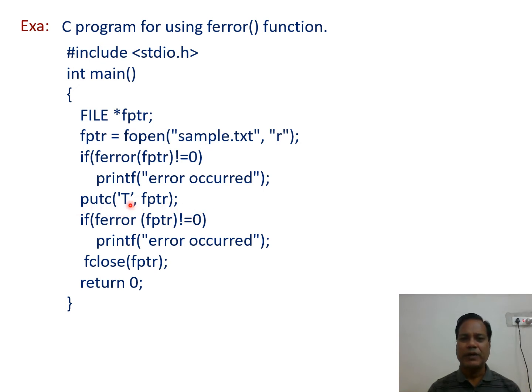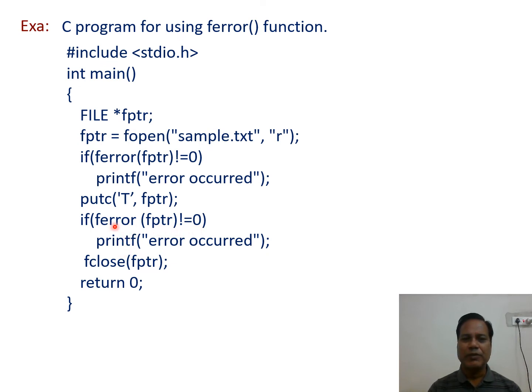This statement tries to write the character t in the opened file. If ferror(fptr) not equal to 0, again there is a possibility that an error may occur, that is, this t is not written in the file that is opened in the read mode.